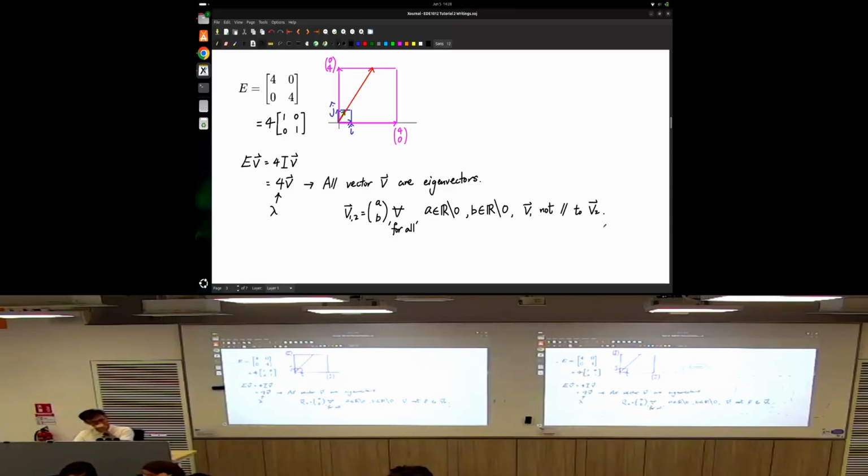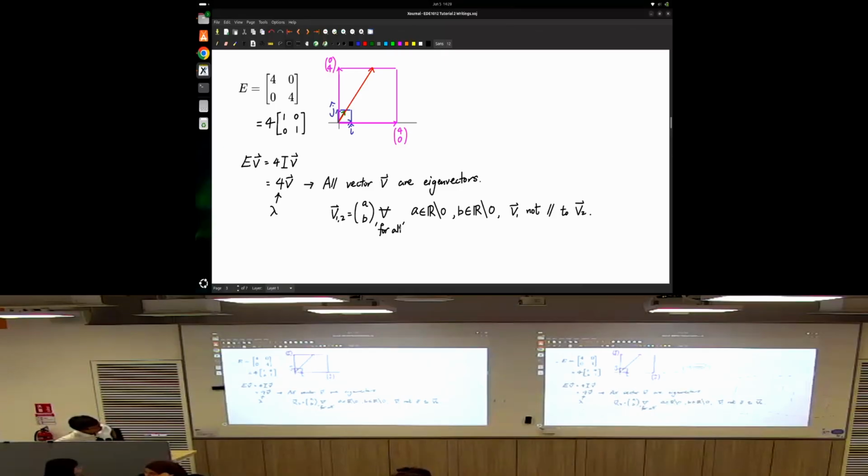Then this will be your complete solution. If you were to choose any 2 eigenvectors, you can just choose (1, 0) and (0, 1) or any other 2 non-parallel eigenvectors. And in this case, notice that there is just one eigenvalue, 4.